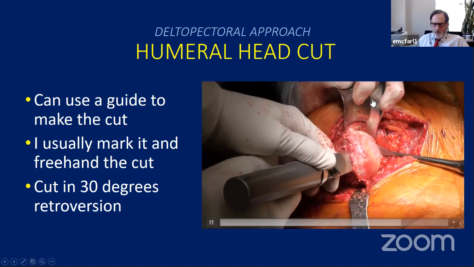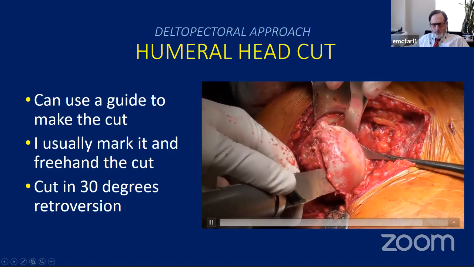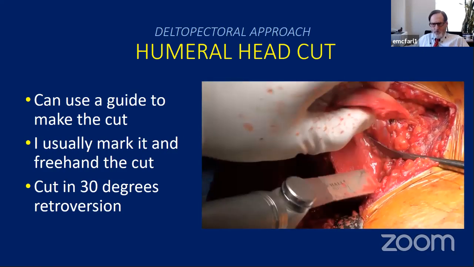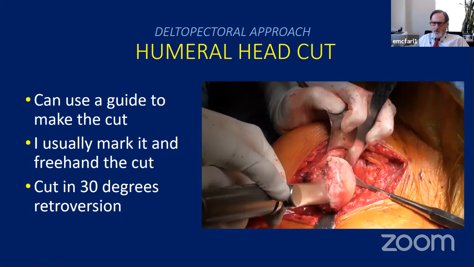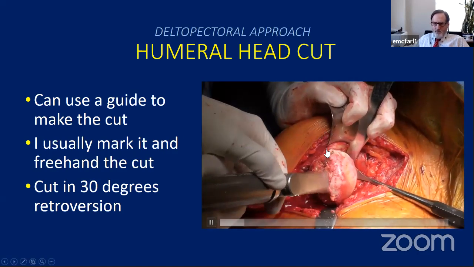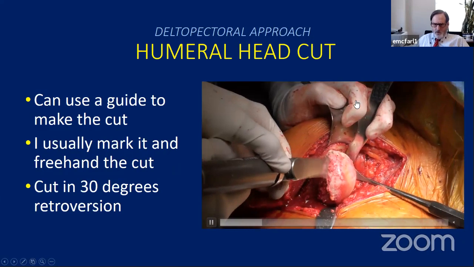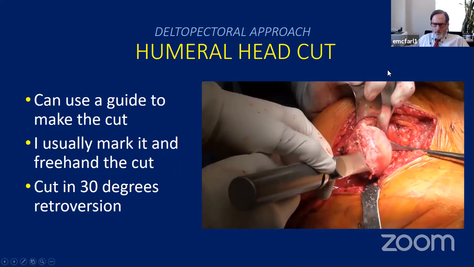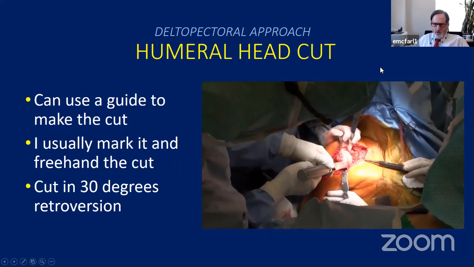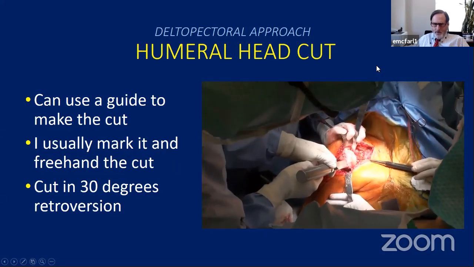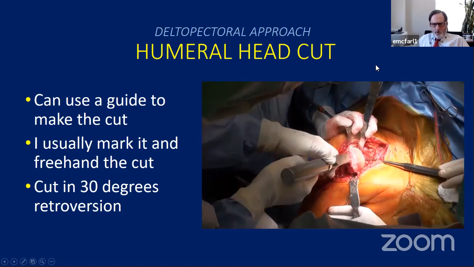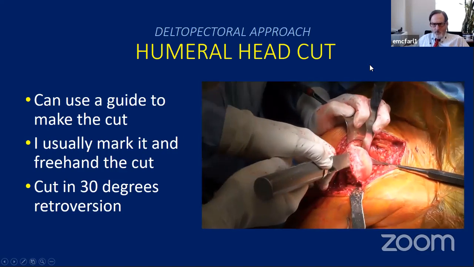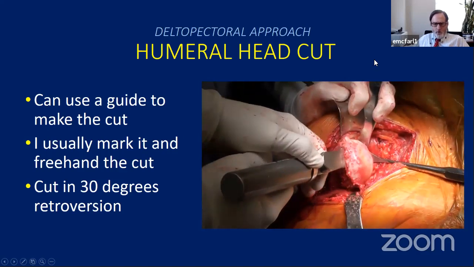It's kind of controversial, but the reason to do 30 degrees of retroversion is that if that should fail and they ever have to have a hemiarthroplasty, that's the amount of retroversion you want. So maybe you get a little more external rotation with 20 degrees. It probably doesn't matter a lot, but I don't think anybody's putting them in 10 degrees of retroversion anymore. I think 20 to 30 degrees is sort of the acceptable amount.